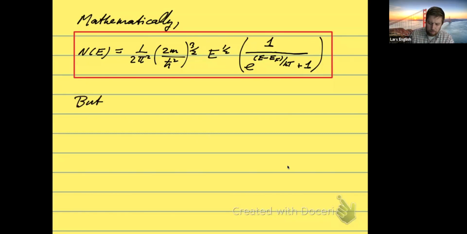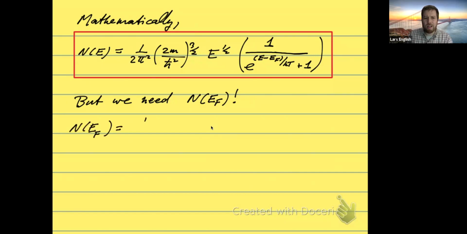It's good to have that in closed form. But one thing to point out is that we really are after the population density at the Fermi energy. So we are more interested in this function being evaluated at the Fermi energy E sub F.